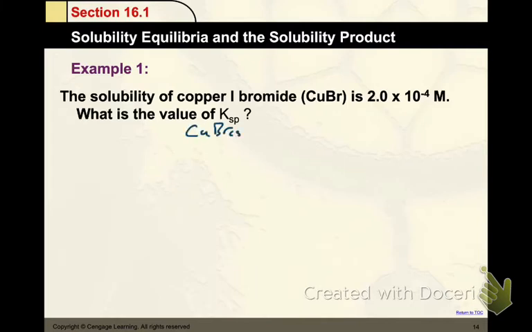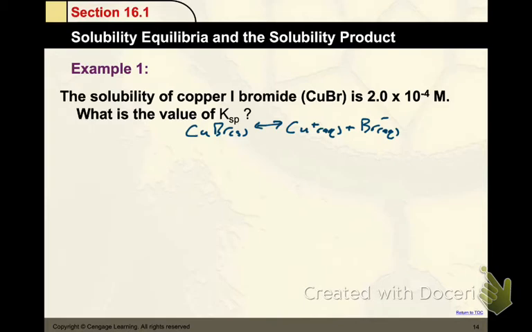CuBr solid would break up to give a small amount of Cu+ and Br-. So the solubility, well, it's 1 to 1 of that.